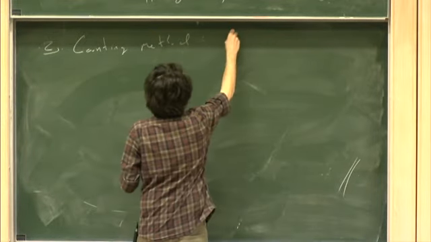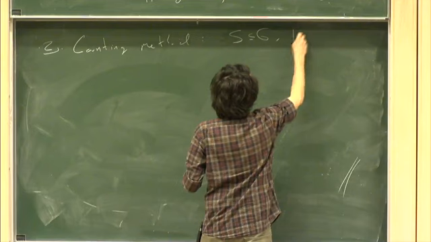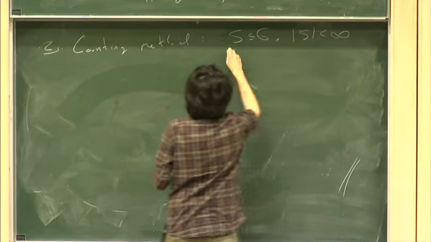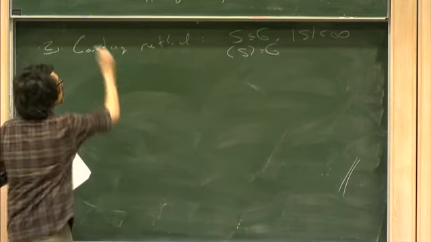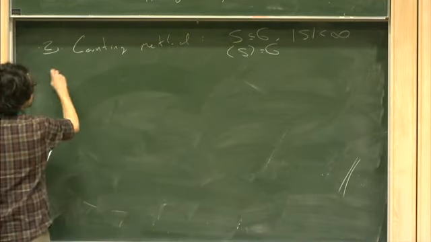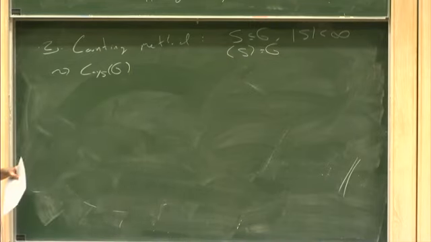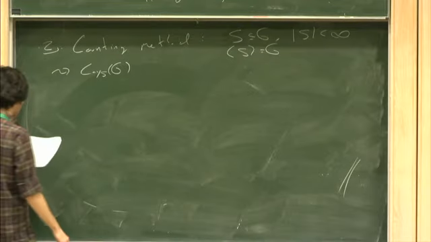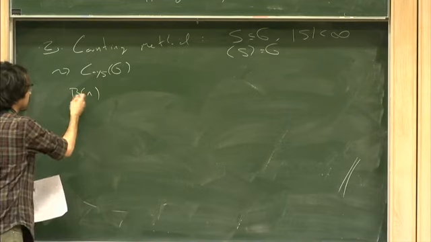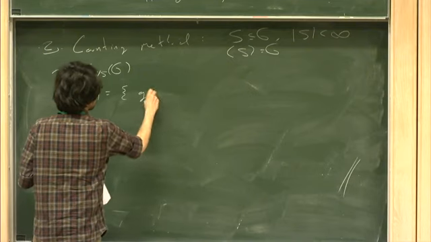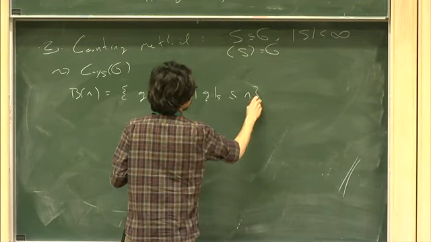I'll fix a finite generating set, some finite subset of G that generates G. When I do this, I get a Cayley graph using that generating set. This counting method is going to use balls in the Cayley graph. Remember, the ball of radius n, always about the identity, is the set of elements in G such that the word length with respect to S is less than n.